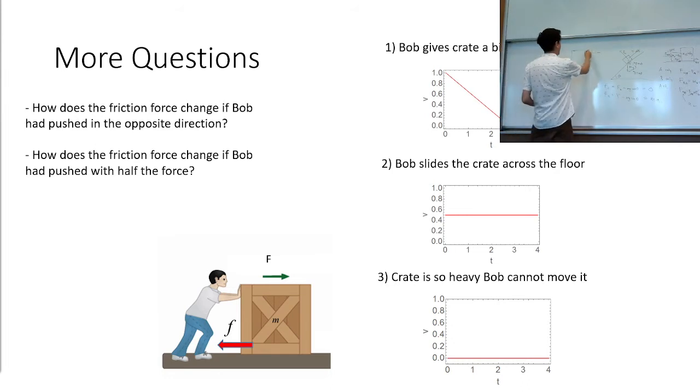Had he been pushing with this force, so this is the ball, this is the guy, then the force is acting this way, but obviously friction would be acting in the opposite direction. So the whole thing's flipped.